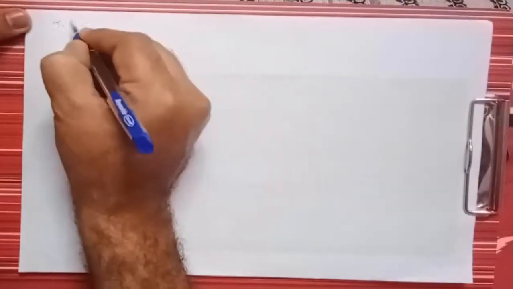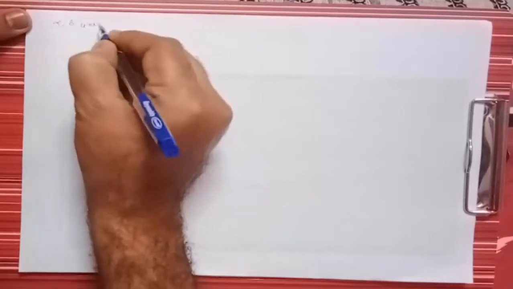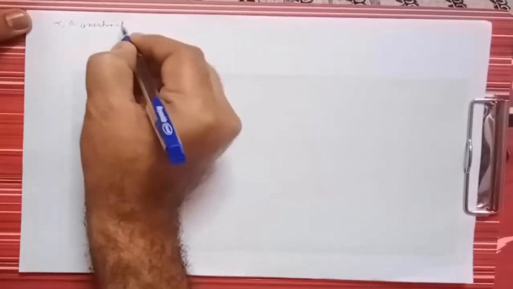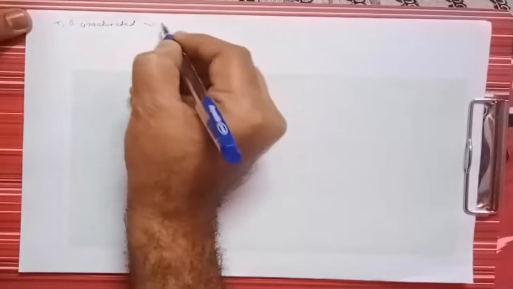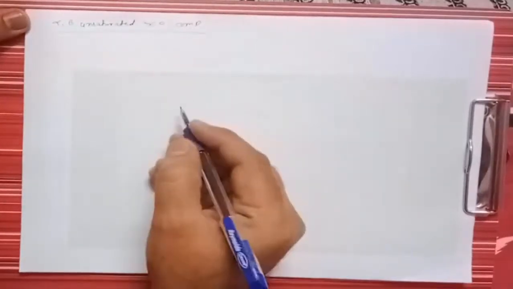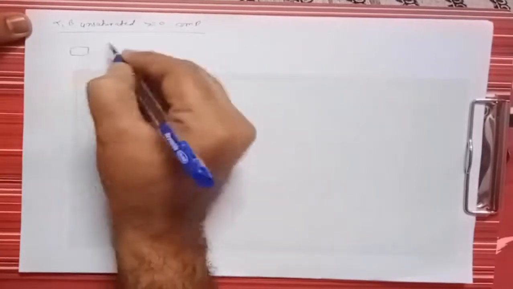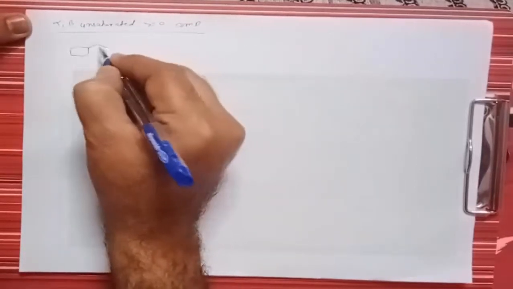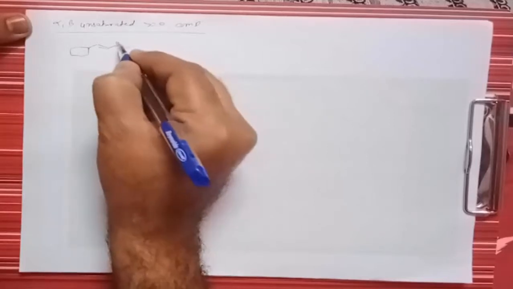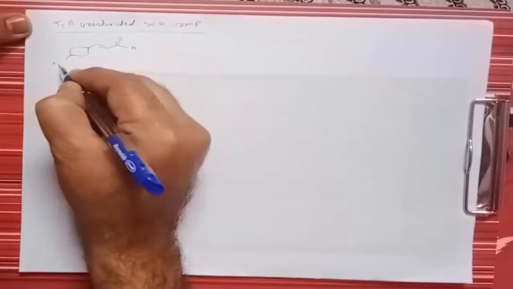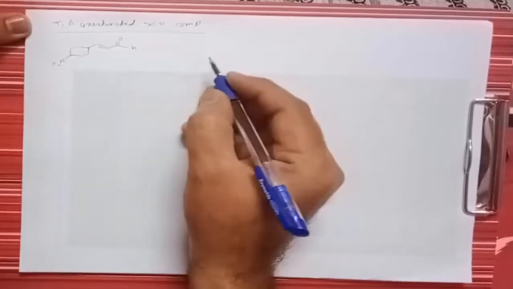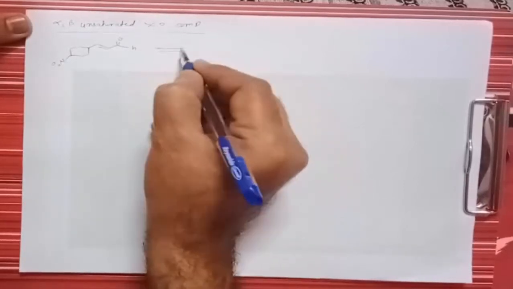Let us take another example which contains an alpha beta unsaturated carbonyl compound. Here we are taking one example containing an alpha beta unsaturated carbonyl compound, that is an aldehyde, and here is a nitro functional group.